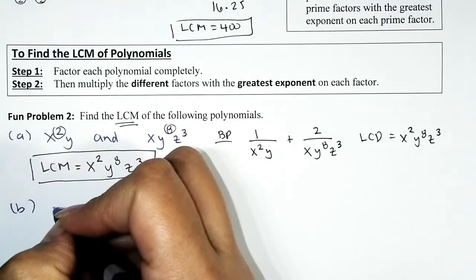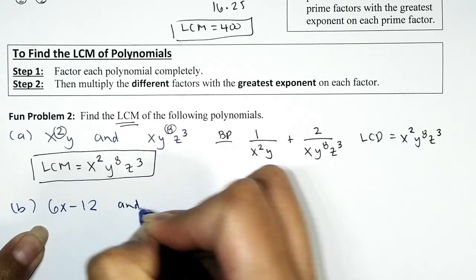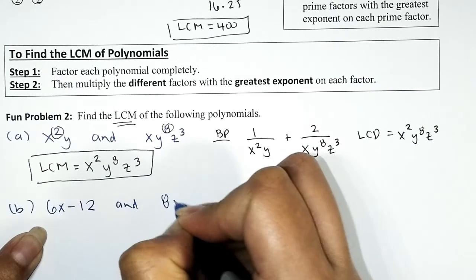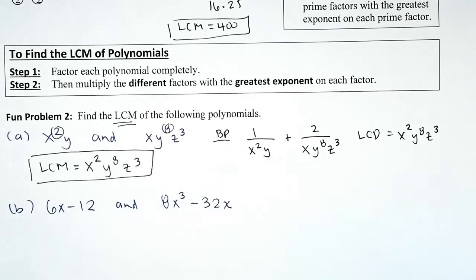Problem B, the polynomials are 6x minus 12 and 8x cubed minus 32x. What is the least common multiple for these polynomials? I gotta get myself some factors. So step 1, factor completely.